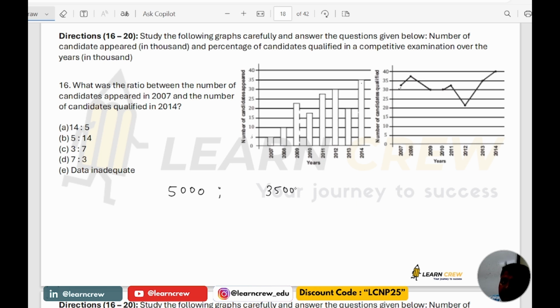Out of them, qualified are 40%. So 40% of 35,000 is 14,000. So 3 zeros cancel, and 5 is to 14 is the answer.